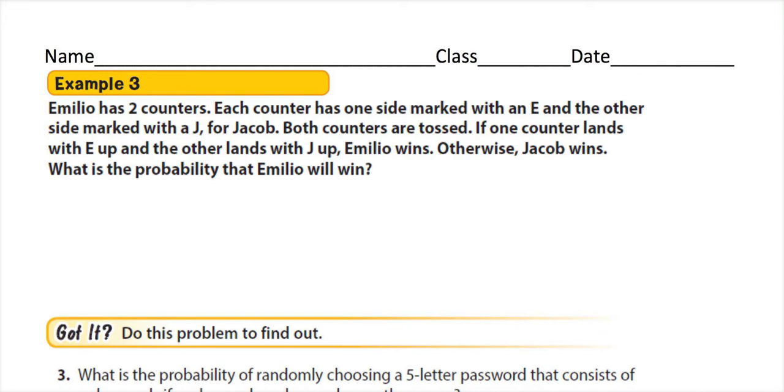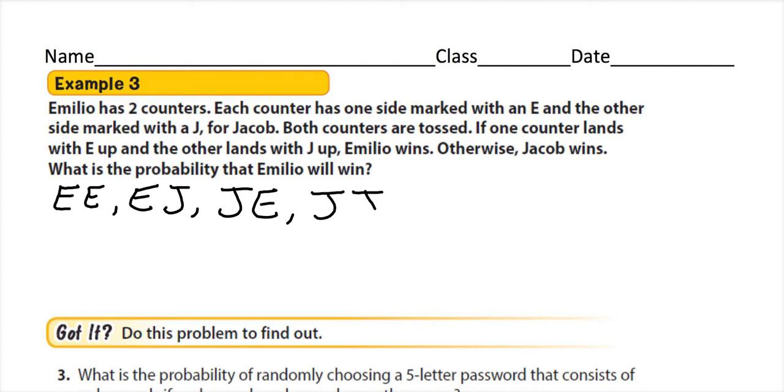All right, so for this one, we need to first find the number of outcomes. So we could end up with EE, EJ, and then JE, or JJ. So that means there's 4 different outcomes.